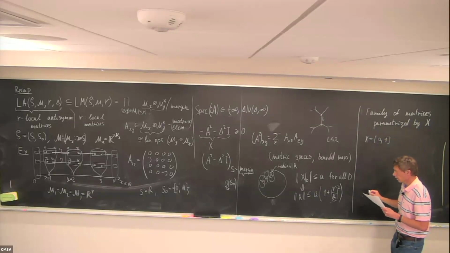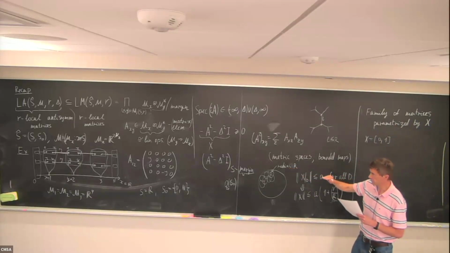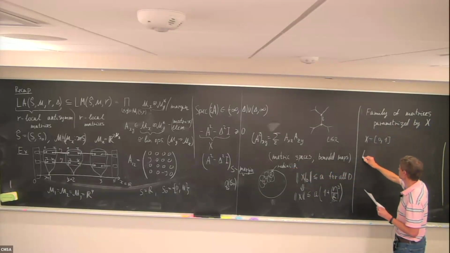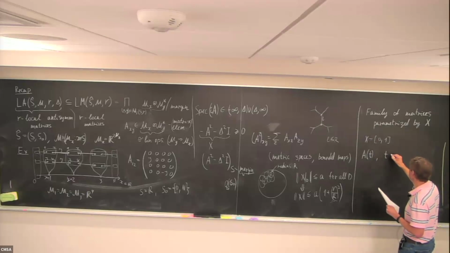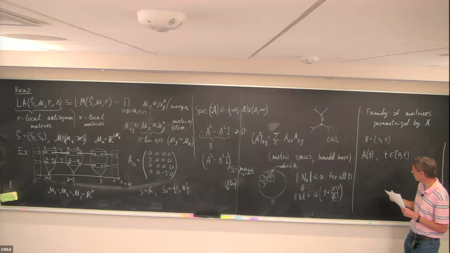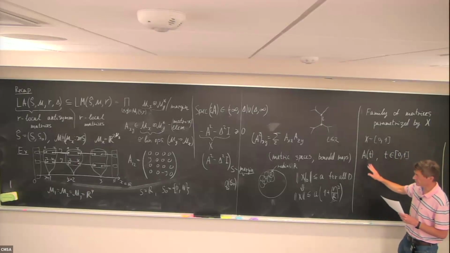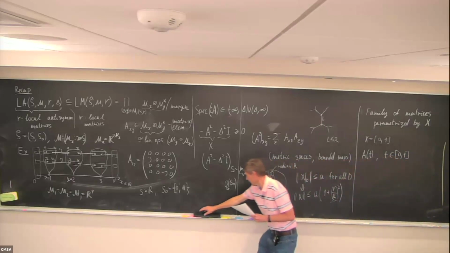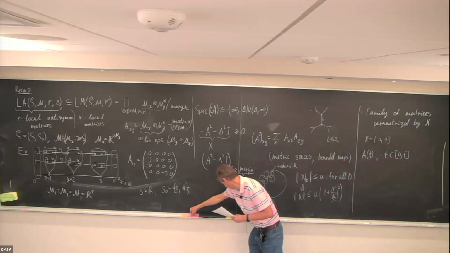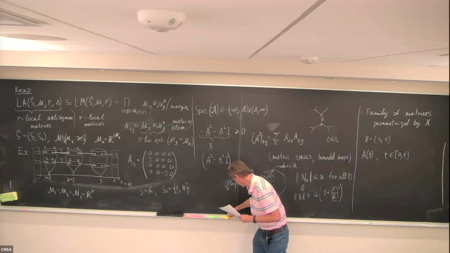And suppose we have different matrices A of T for different T in that interval. And let me represent them by colors. We have a lot of color chalks, and I'll make use of them.